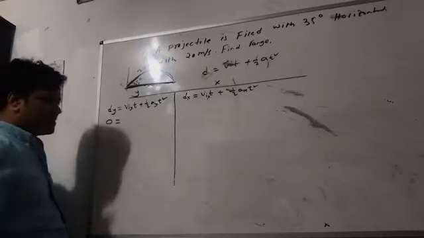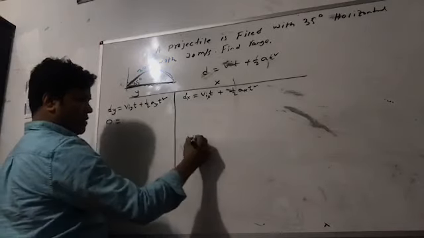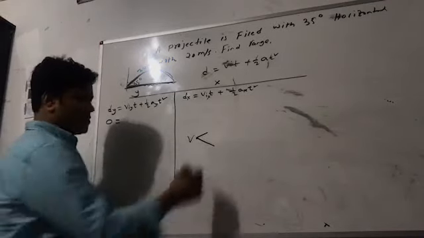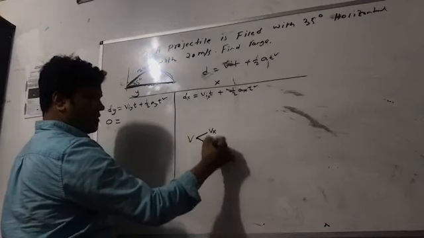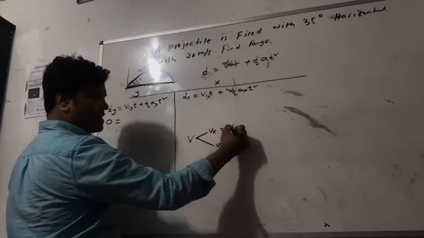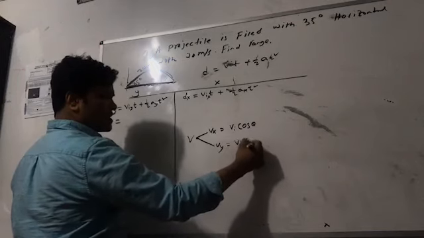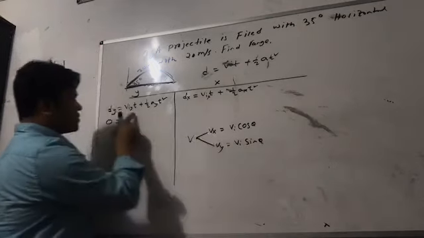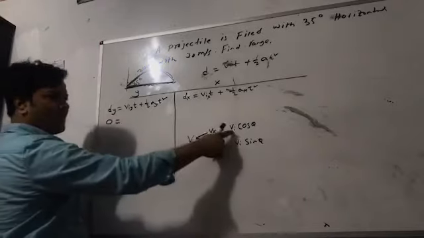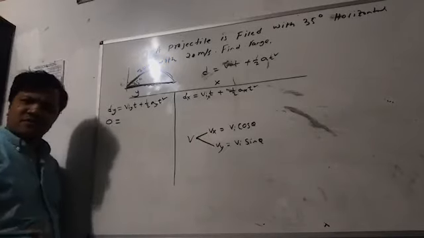ViY is, you probably remember that V has two components, Vx and Vy, and Vx is V initial cosine theta, and Vy is V initial sine theta. So this should be replaced by V initial sine theta. Let's do that.